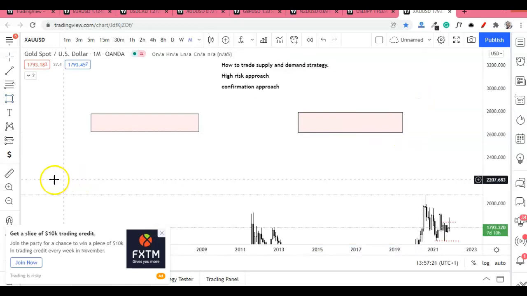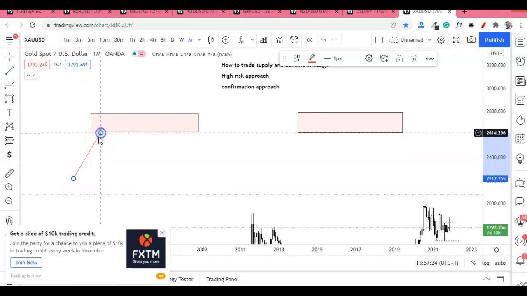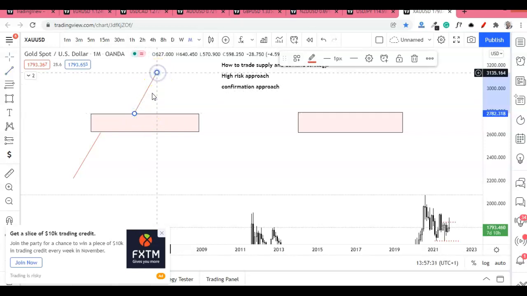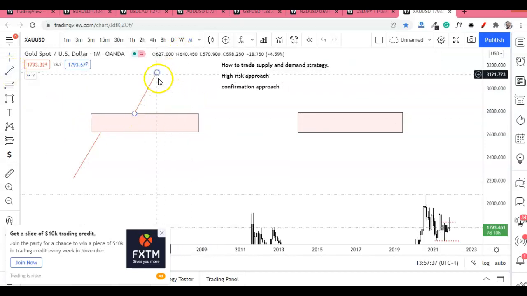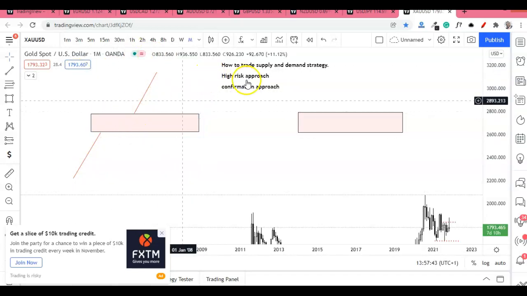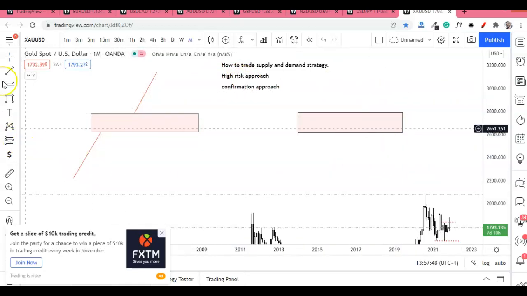Now let's assume you have a rally, base, and another rally here, for example, and a rally, base, a rally. How do we trade this? We are trading this when price comes back in here. Now this scenario here is the risk method, which I will explain, and this one is the confirmation method.